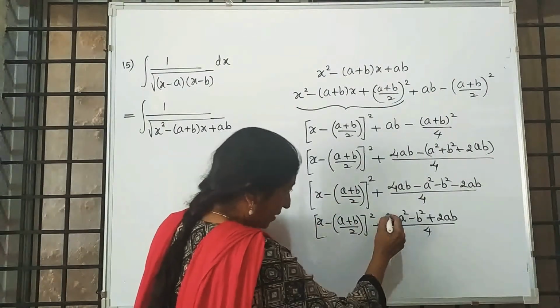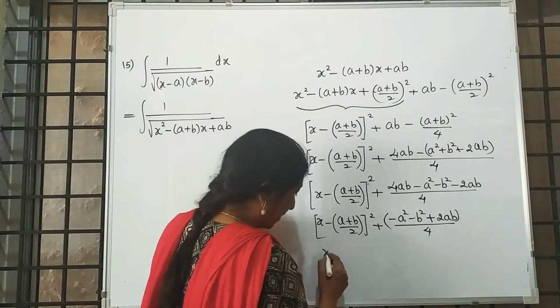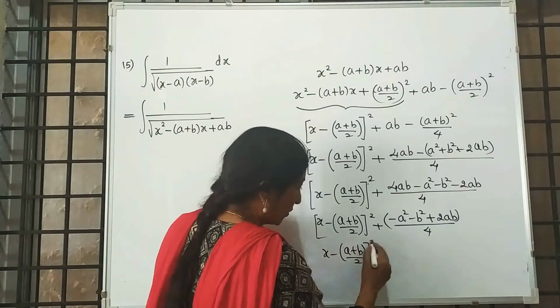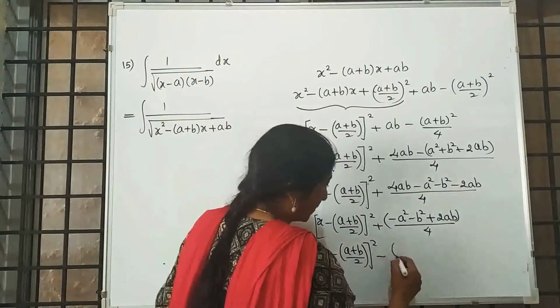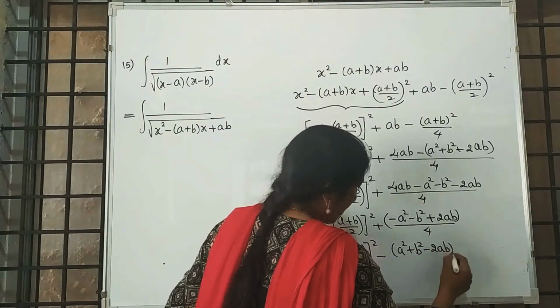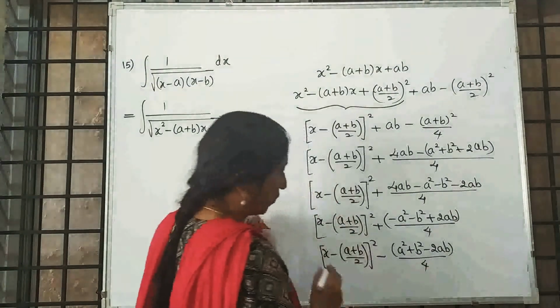So this is in the bracket. For our convenience I am writing x minus (a plus b) upon 2 whole square. I took minus common. In the bracket, a square plus b square minus 2ab, whole divided by 4.